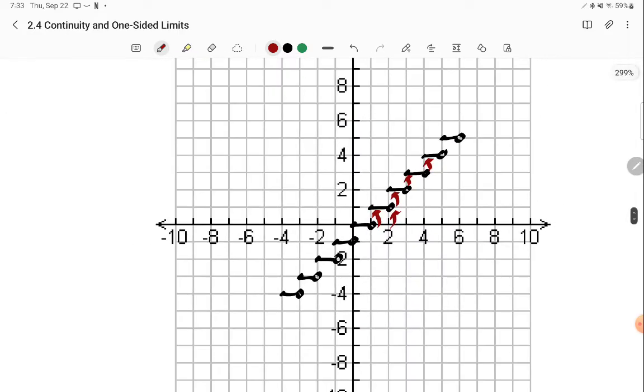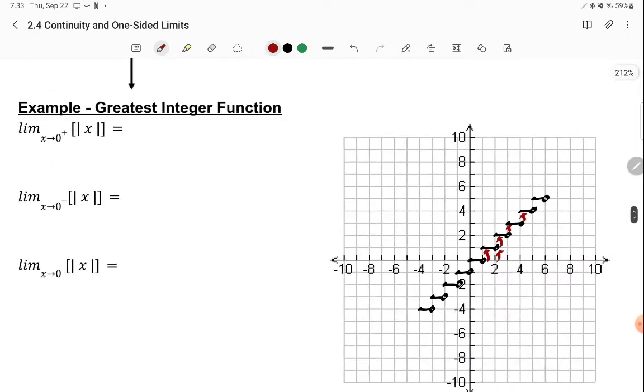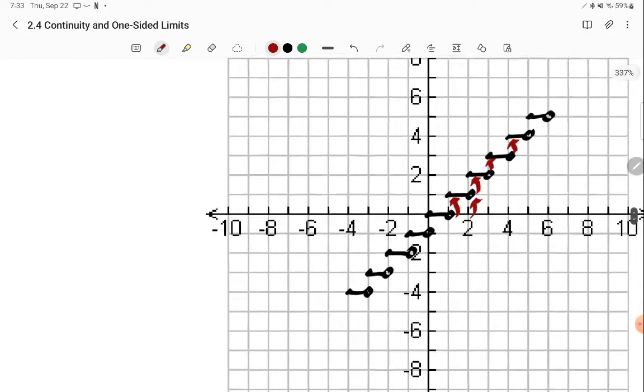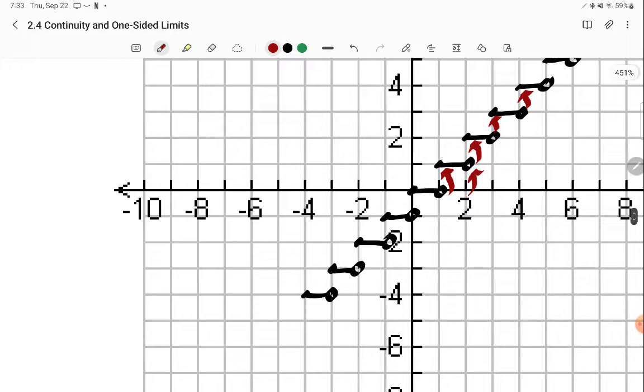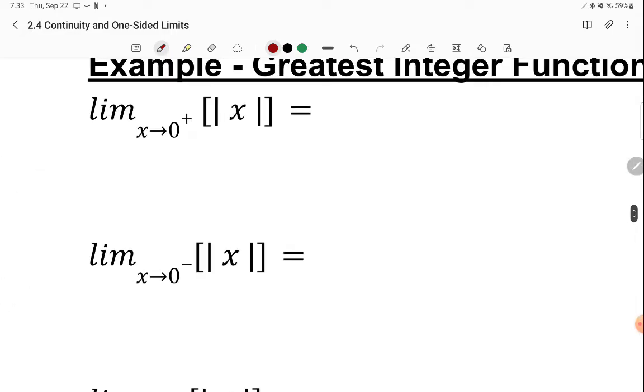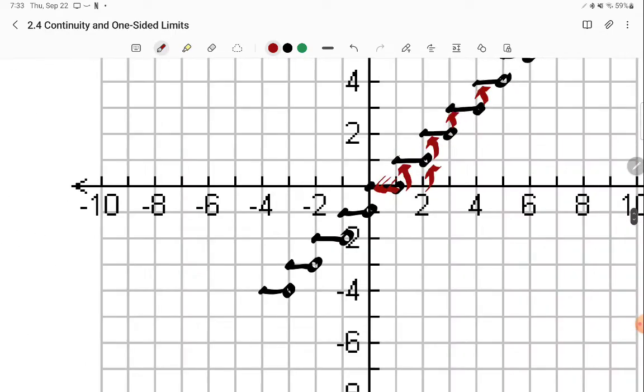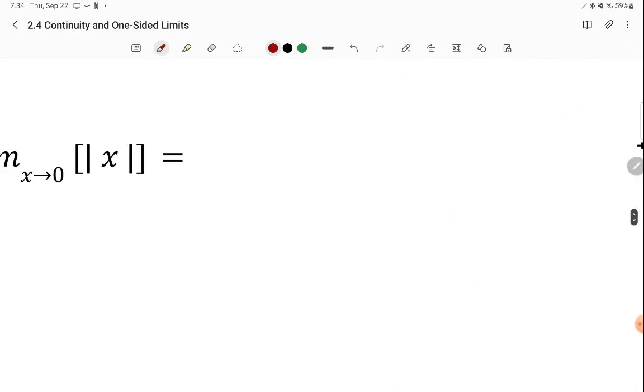All right. So now, looking at the limit as x approaches 0 from the right, left, and overall. The limit as x approaches 0 from the right, so we're looking at it here, that is equal to 0. So from the right, it's 0. From the left, now we're looking at it approaching this direction, and you notice it's actually -1.